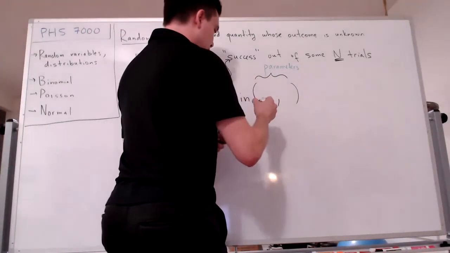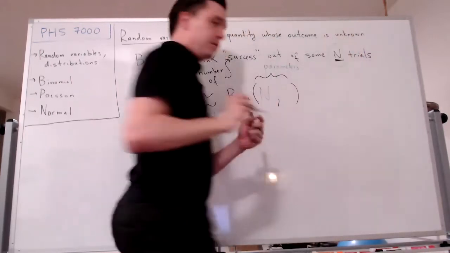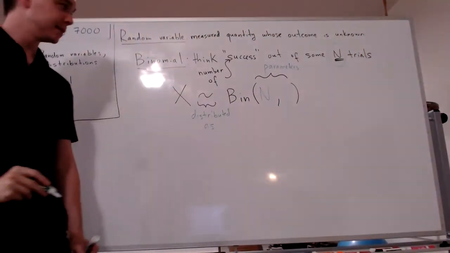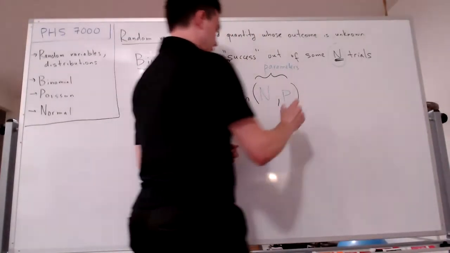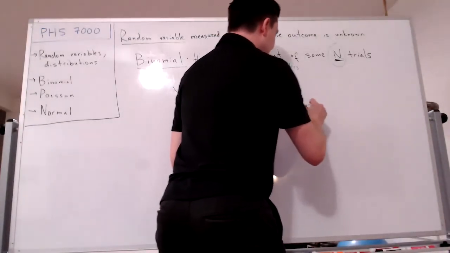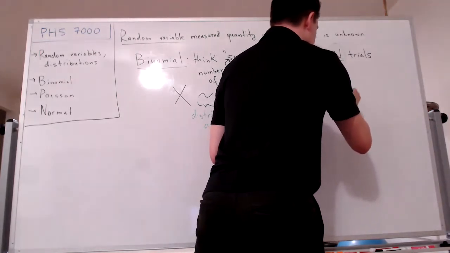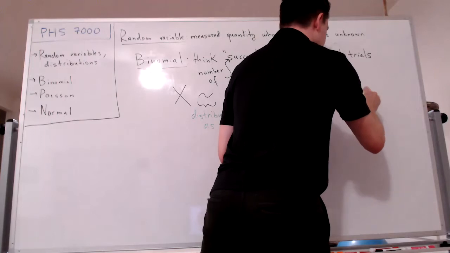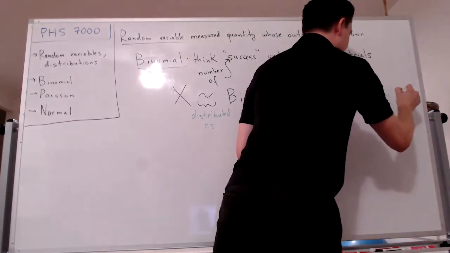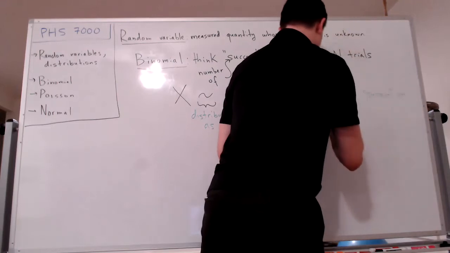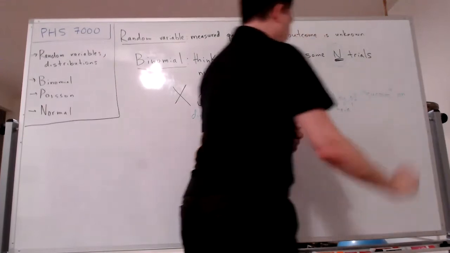So the parameters are n, the number of trials, and p. p is the probability of a quote-unquote success on each trial.